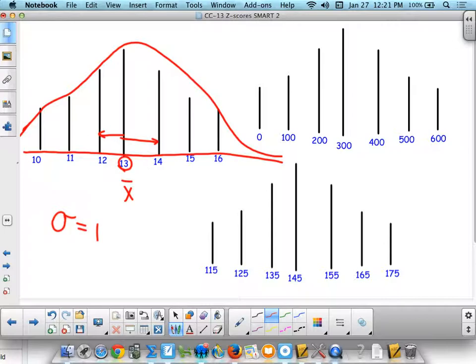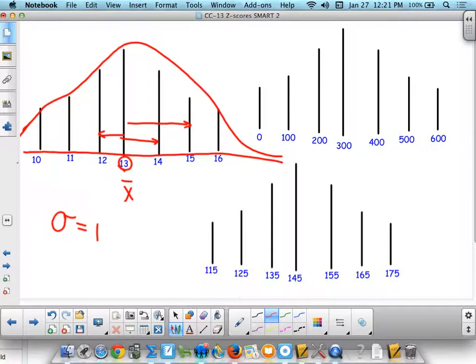The reason you didn't say 12 is because I said 1 standard deviation, I didn't say -1. So -1 is backwards, +1 is forward. Okay. So what number correlates to 2 standard deviations? 15.